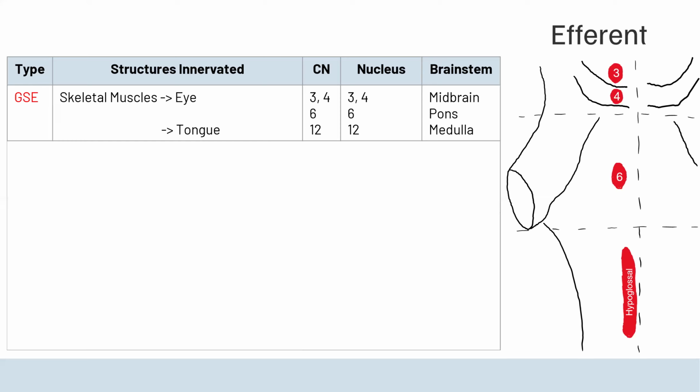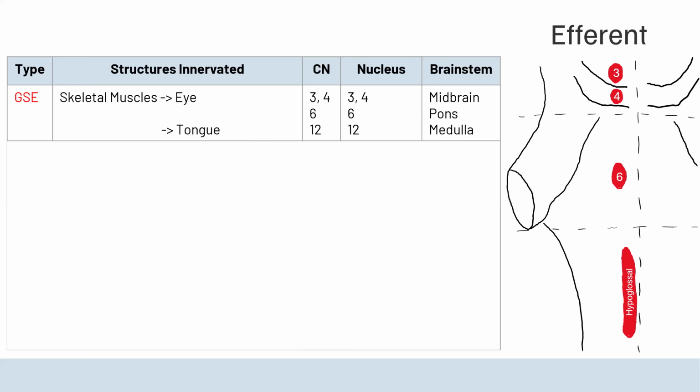So remember, there's always something that sandwiches itself in between. So think of a sandwich, S, somatic, special, special visceral, perfect. Special visceral efferents. You're absolutely correct. So special visceral efferents are for our pharyngeal arches.